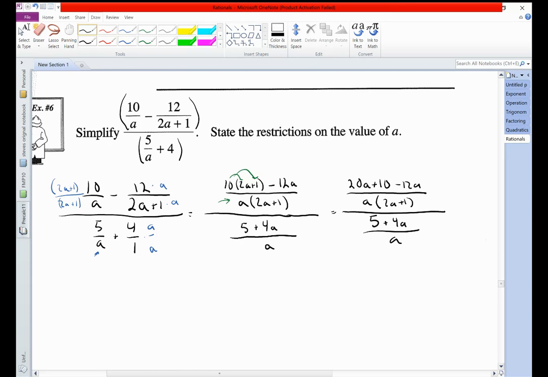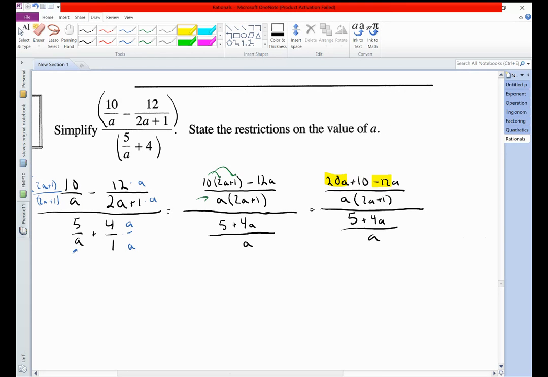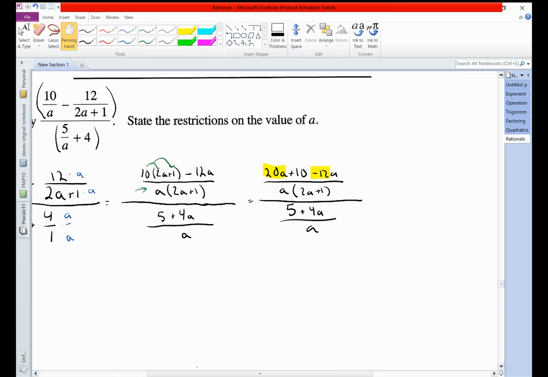And then we can simplify these like terms here. 20a minus 12a, which gives us 8a plus 10 over a 2a plus 1, all over 5 plus 4a divided by a.